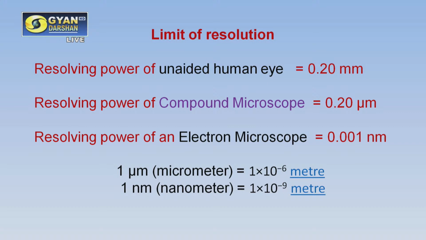The human eye cannot see a biological specimen or cell structure smaller than 0.22 mm. The resolving power of a compound microscope is 0.20 micrometer.